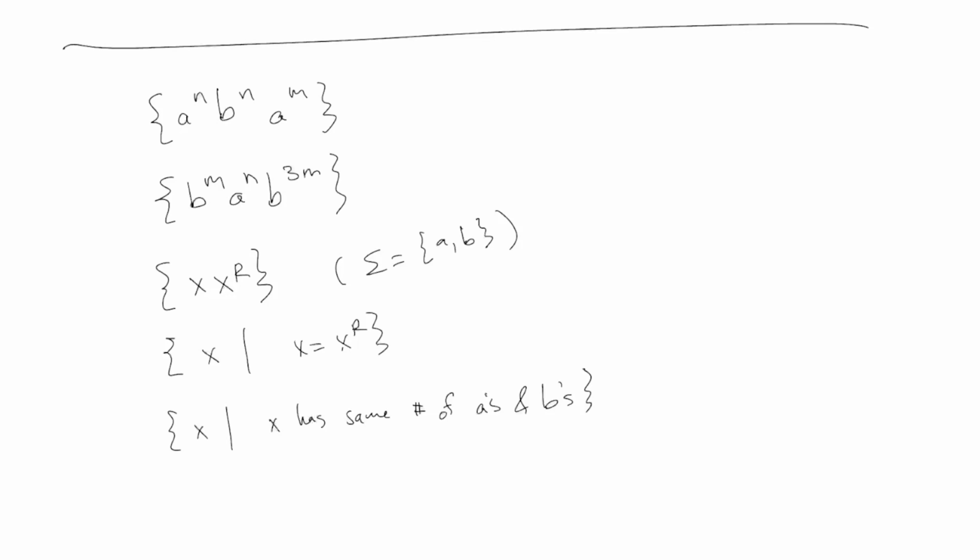I would say, think about. They are almost exactly the same. Because this means the string is the same. That means its first half looks like something, the second half looks like something.